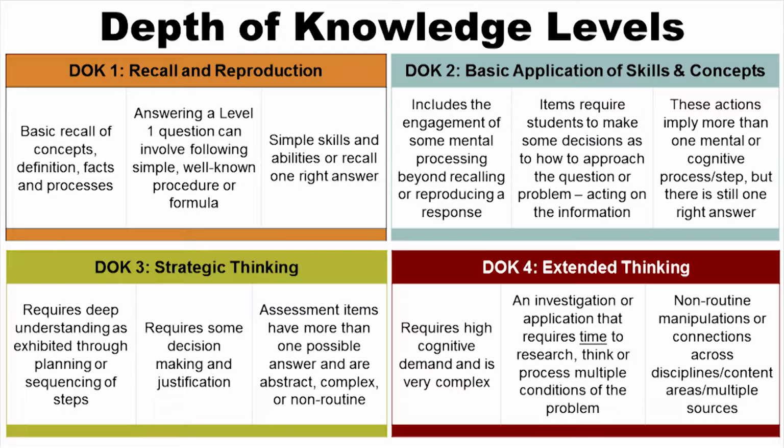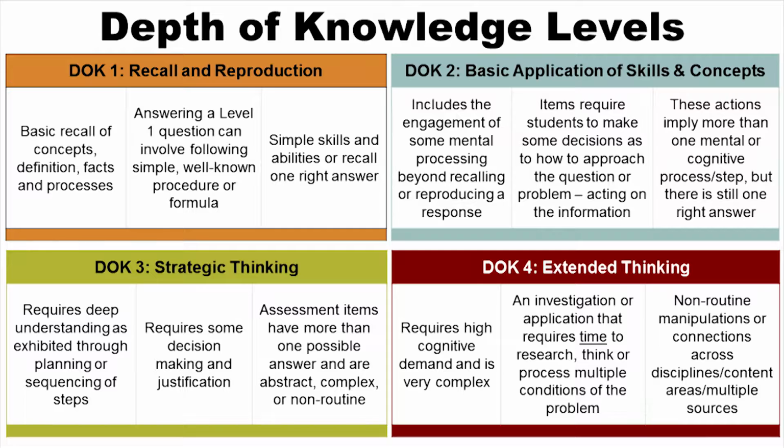Depth of knowledge levels. The first is recall and reproduction. In this one, your key indicator is that there's typically one right answer. The next level is basic application of skills and concepts. Here, you typically see more than one mental or cognitive process being employed, but there is still only one correct answer. DOK 3 is strategic thinking.